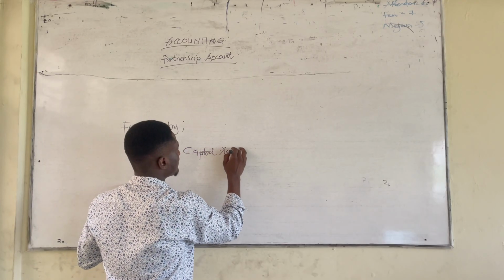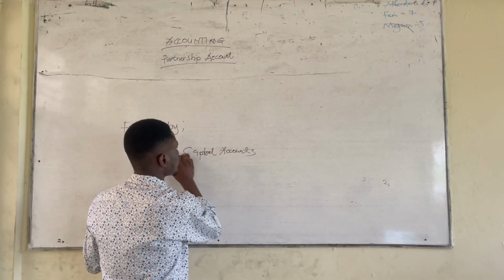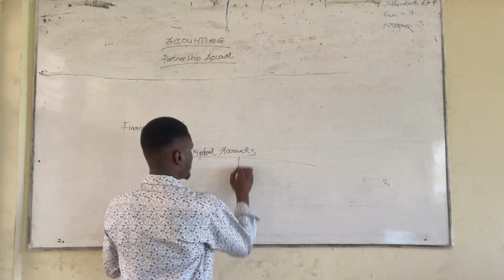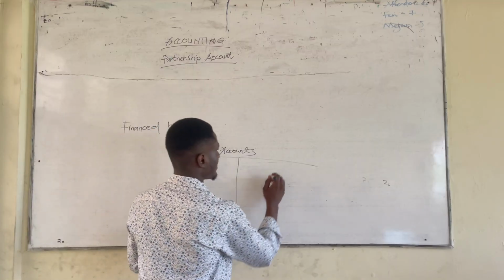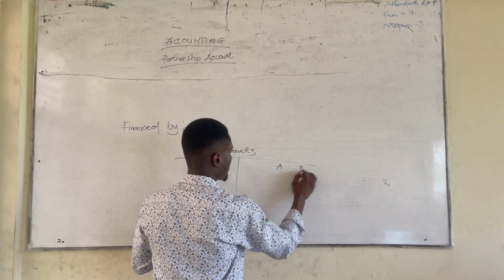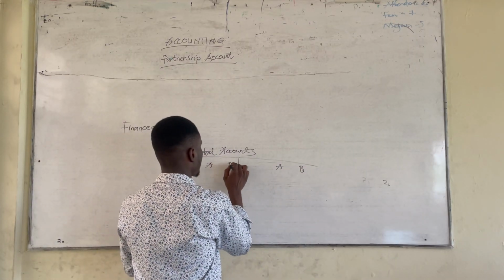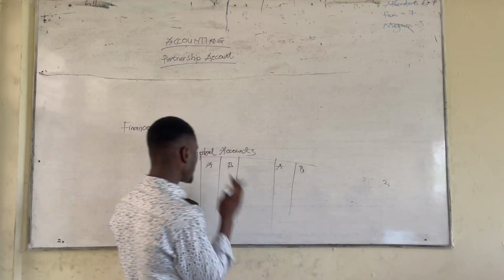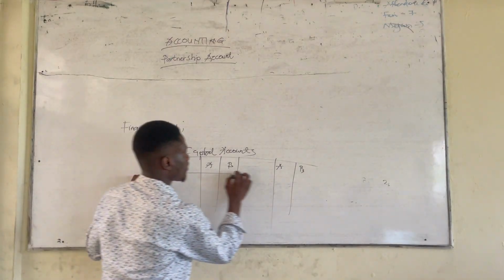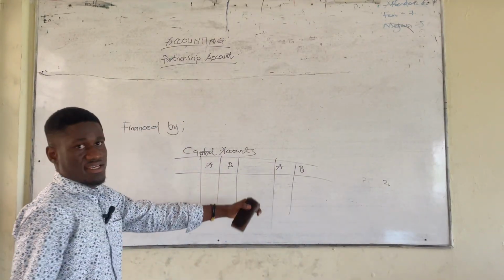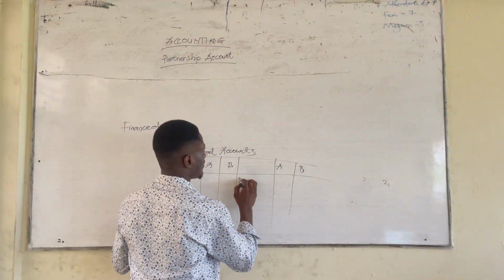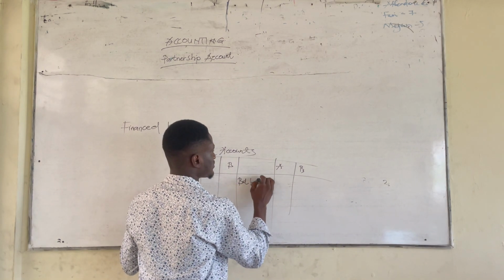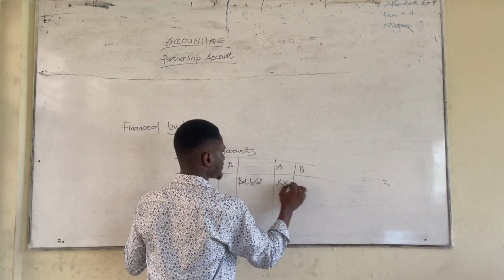Okay, so let's say we have our capital accounts. Here is our debit side, credit side, and let's say partner A, partner B, partner A, partner B, and partner A. Partner A introduced a capital of, so this was the capital.